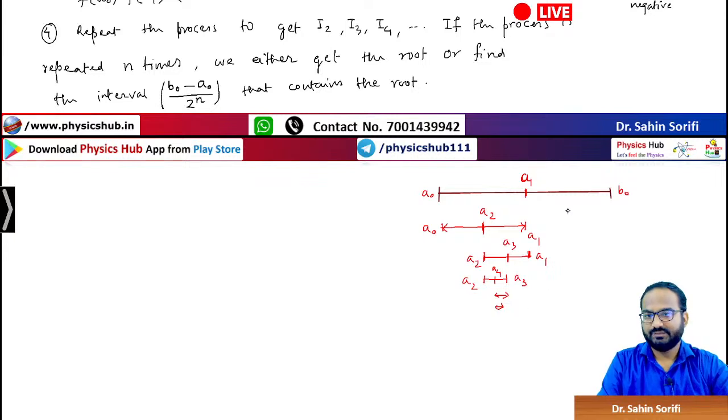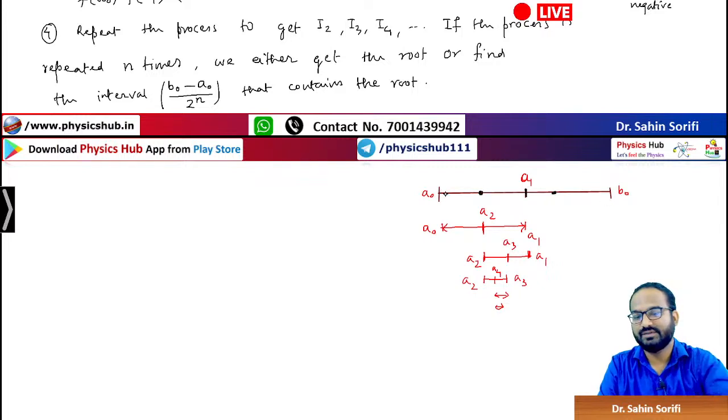Now obviously in this method, the error cannot be greater than this interval length. You see, the root will either lie in the interval between a0 and a1 or between a1 and b0. So the error in no way can be greater than half of this.